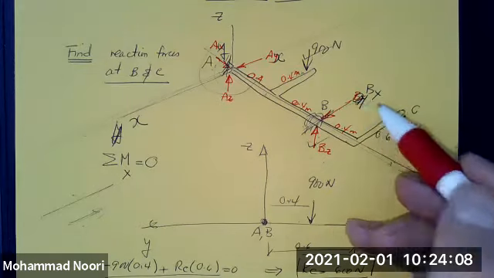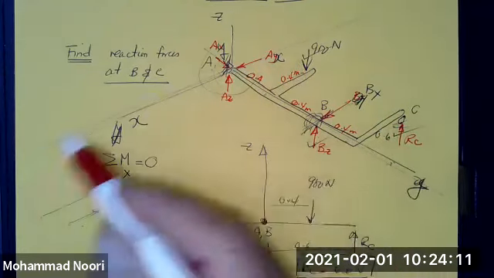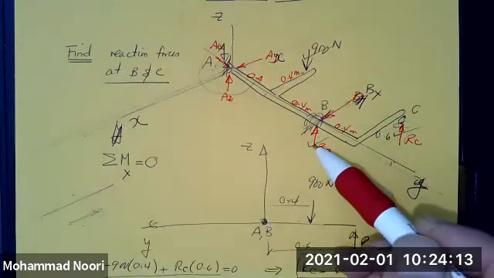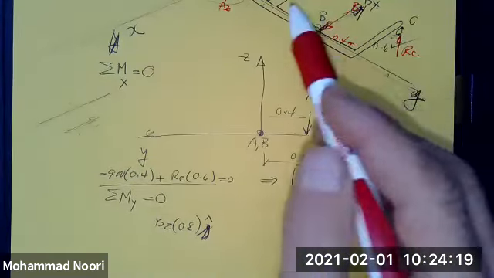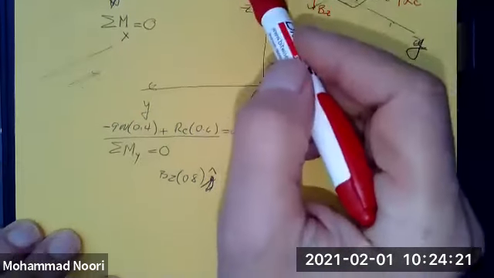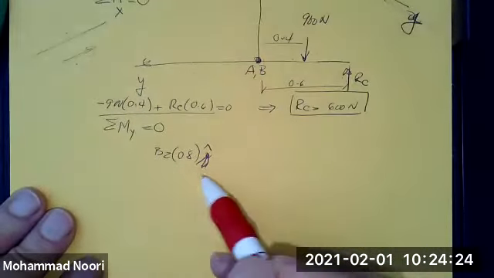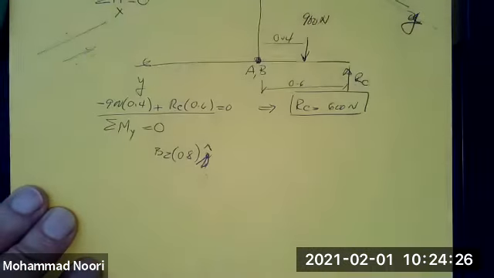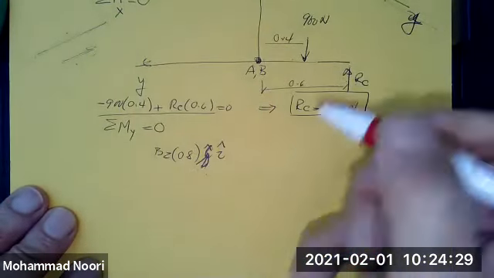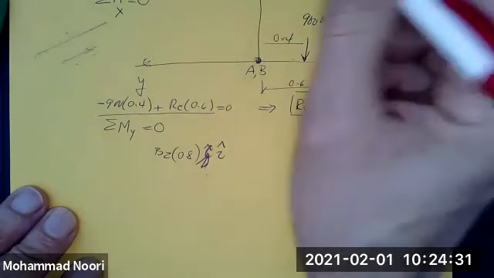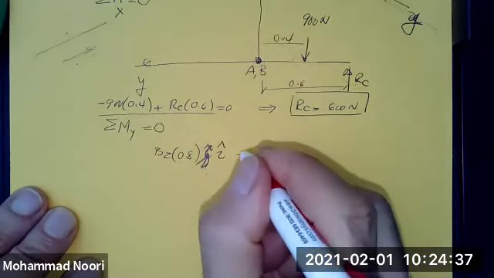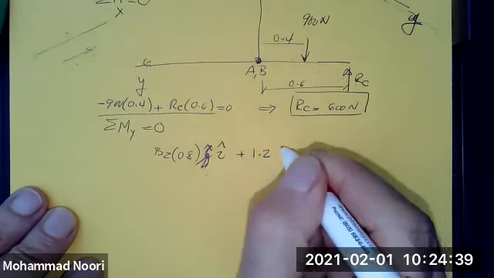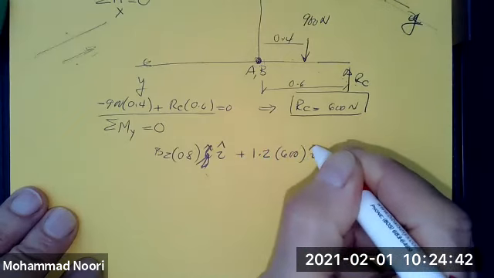What I said was, BX doesn't generate a moment about X because it's parallel to it. So I only have these three. Start with the moment of BZ. BZ has a vertical distance from X, which is 0.8, so it's going to generate a moment about X. This one has a vertical distance of 1.2, and it is also going to generate a positive moment, that's 1.2 times 600 i.